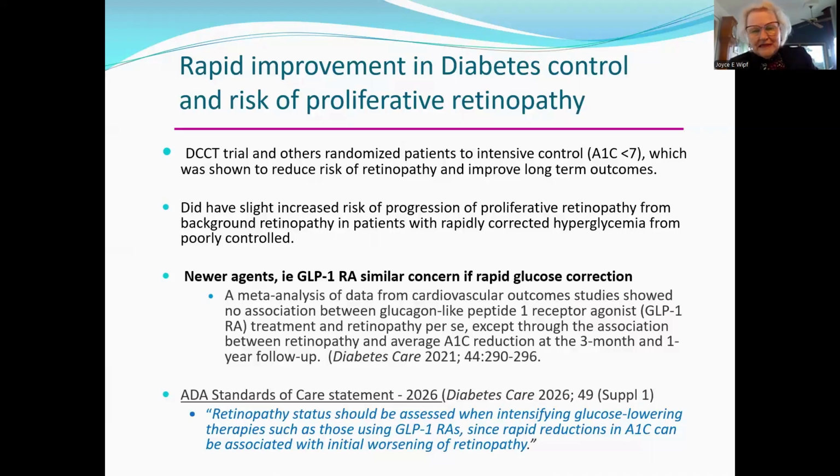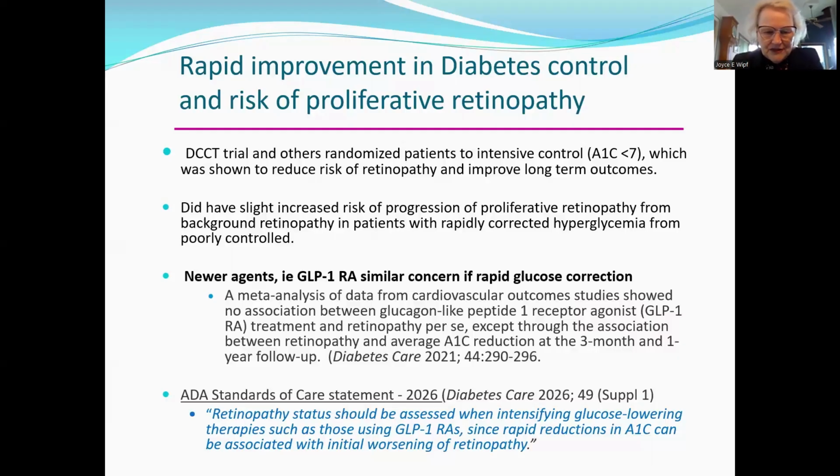So essentially saying the same thing or similar to what the DCCT trial found, that the main issue was in patients who already had some background findings and then having progression with rapid correction from abnormal to normal glucose.